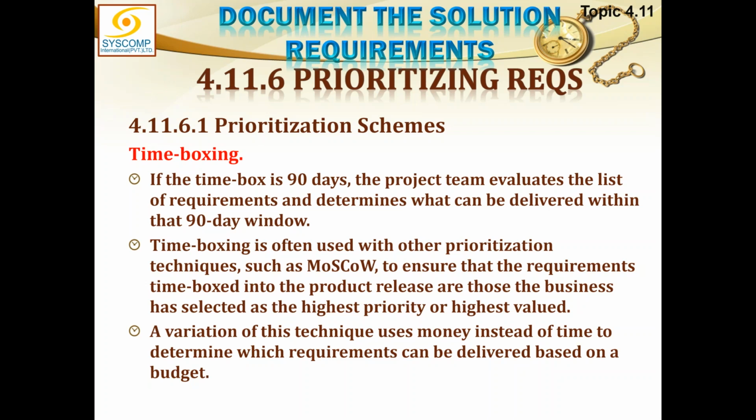Time boxing is often used with other prioritization techniques such as MoSCoW to ensure that the requirements time-boxed into the product release are those the business has selected as the highest priority or highest value. A variation of this technique uses money instead of time to determine which requirements can be delivered based on a budget.